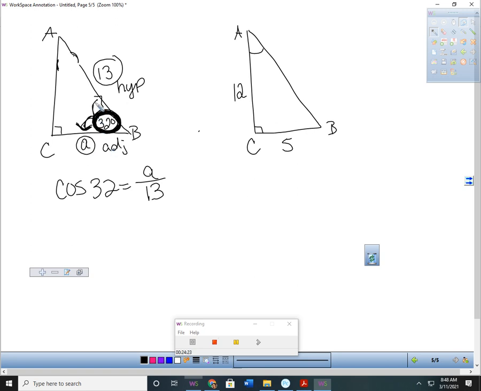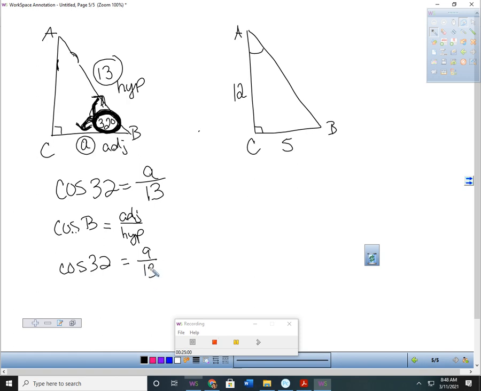The side I'm given is this side right here, which is across from 90 degrees. That's your hypotenuse. So if I'm using adjacent and hypotenuse, that's cosine. Cosine of my angle is equal to the adjacent side over the hypotenuse. So my angle is 32. The adjacent side to that angle is A, and the hypotenuse in this triangle is 13.